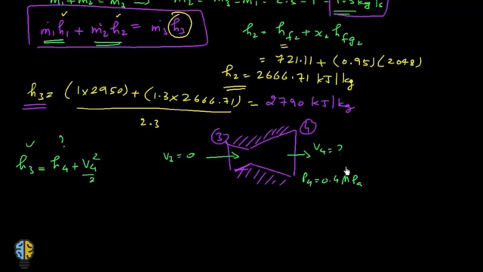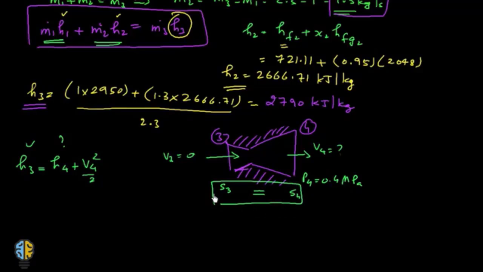So let's find out the value of H4 from the steam tables. One thing we know is that because it's an isentropic expansion, let us say this is S3 and this is S4. So both of these entropies would be equal.